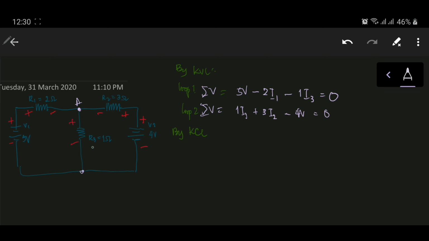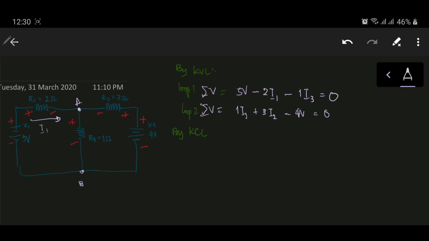Okay. So the rule for KCL, now that we're dealing with currents, is that when the current is moving towards a node, we will consider it positive. When the current is moving away from the node, we consider it negative.